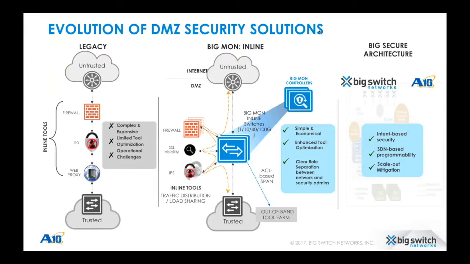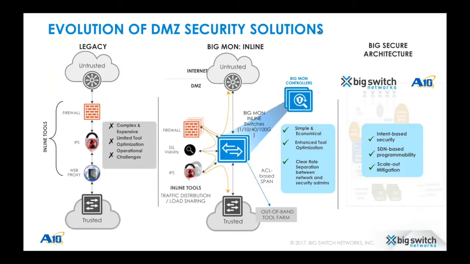But one of the things that we are observing today is that the complexity of attacks is increasing and becoming larger scale, as we noticed with the recent Mirai botnet attacks, so securing the data center from such attacks is becoming more and more complex. So A10 and Big Switch have collaborated on a new architecture known as BIGSECURE, which leverages SDN programmability and scale-out for mitigation of attacks of such magnitude.